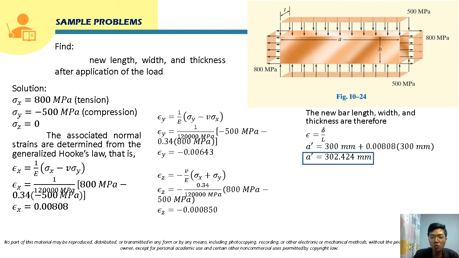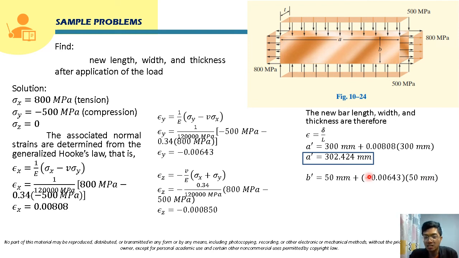Now, for the new width, let's say B prime. The original width here, class, is 50 millimeter. In this direction the strain is negative, so the deformation will be subtracted.